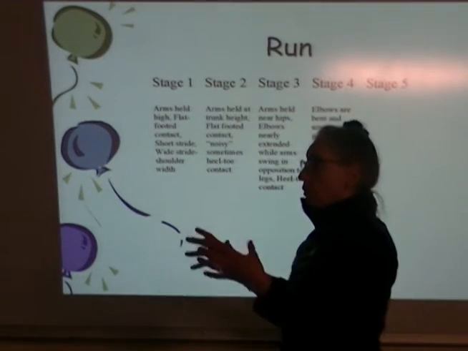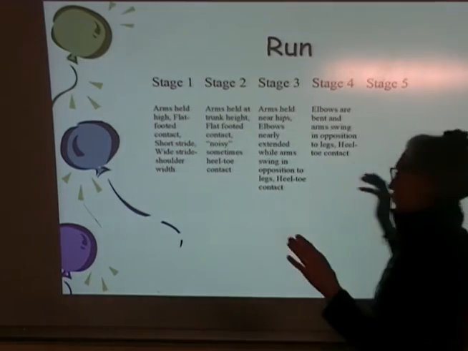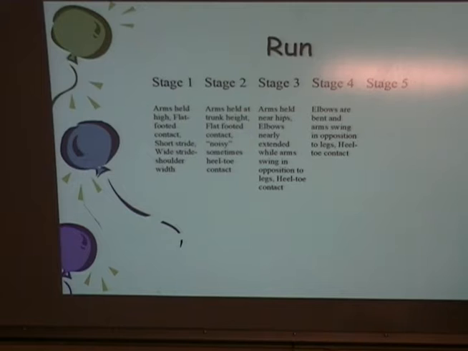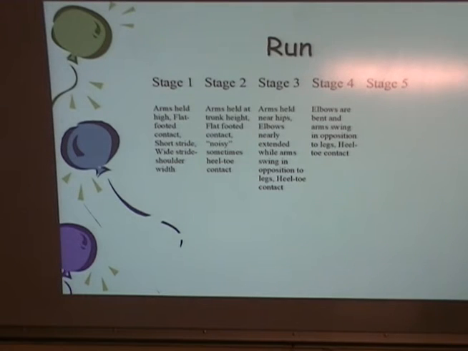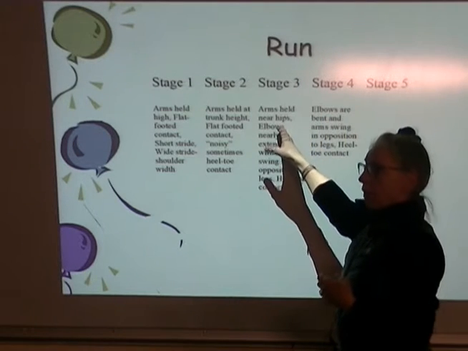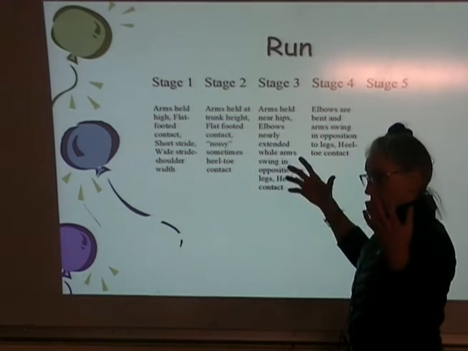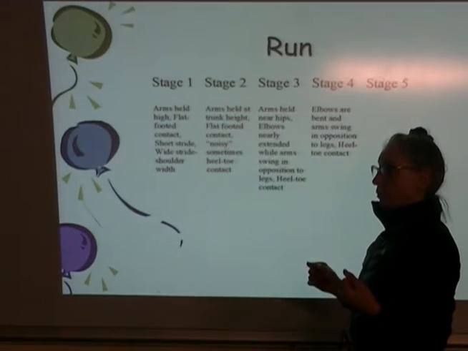Okay? So if I change the constraints, this person who, if she's in her running shoes and her athletic gear, has a very advanced running pattern, I can change the constraints and her running pattern might become a stage 3 or lower. Right? Does that make sense?